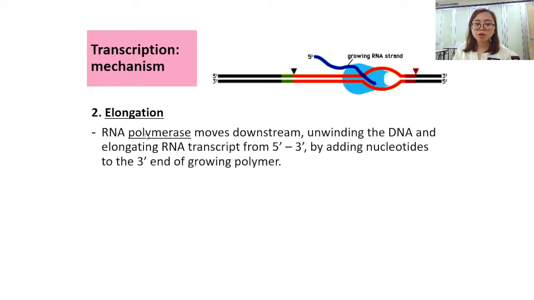So that apa maksud ayat di sini adalah RNA polymerase akan bergerak turun, okay, dari kiri ke kanan, downstream. Sambil dia bergerak, dia akan buka DNA dan terus menambah RNA nucleotide untuk memanjangkan mRNA.